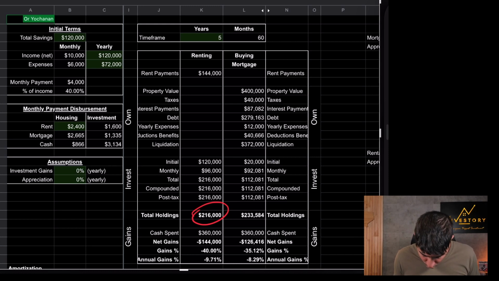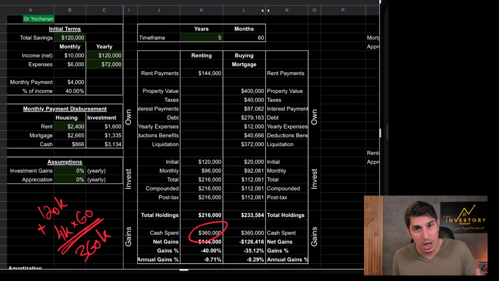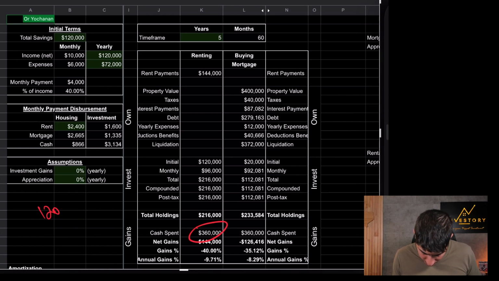We spent a total of $360,000, and this figure is pretty much 120 that we started with plus 4K times 60. This is 360. This is the amount of cash that we spent over the course of 5 years. So when I look at all of this, I see that I spent 360.